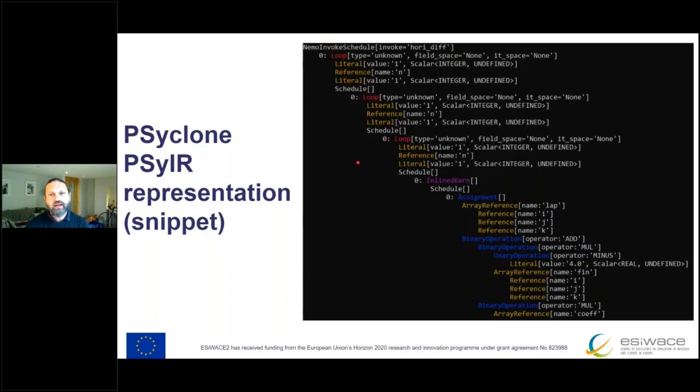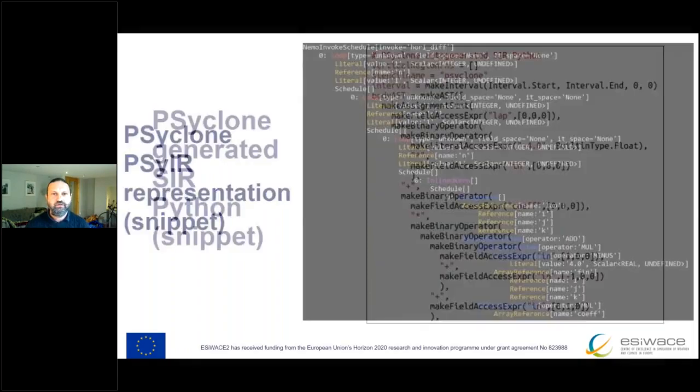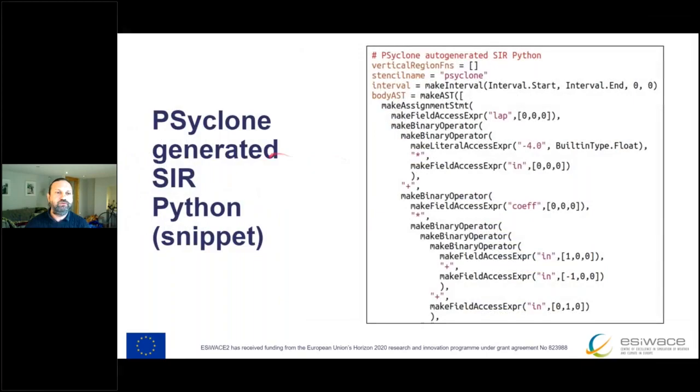And then if we apply our backend SIR to this, our backend then produces Python code, which is the Python SIR representation. We even put a little note saying it's done. And this gives us the same thing. There's a Laplacian. It has stencil accesses and things like that. So this is just that translation to the SIR.